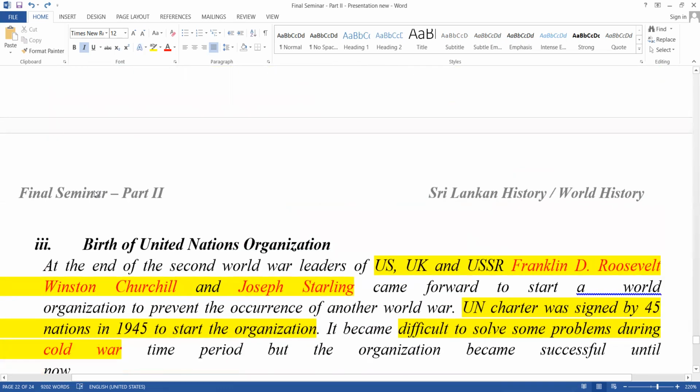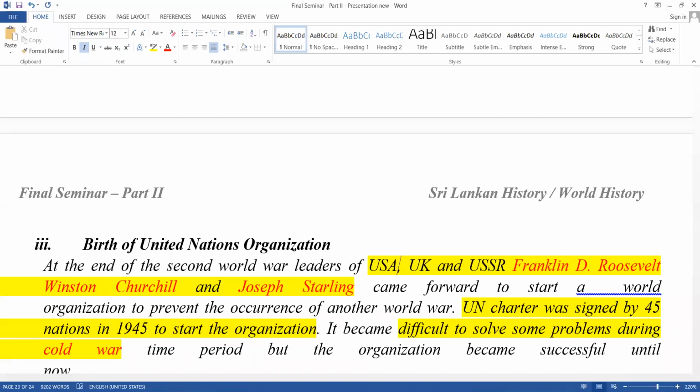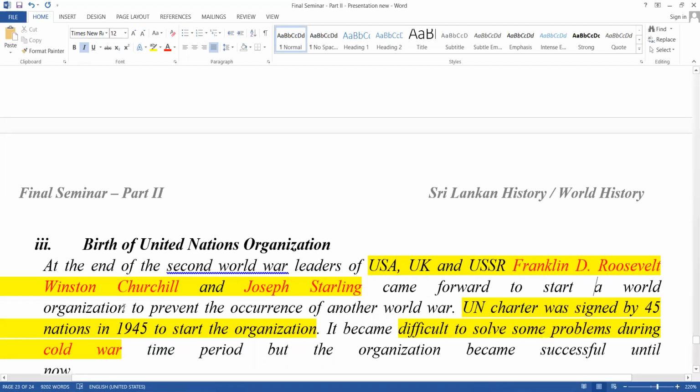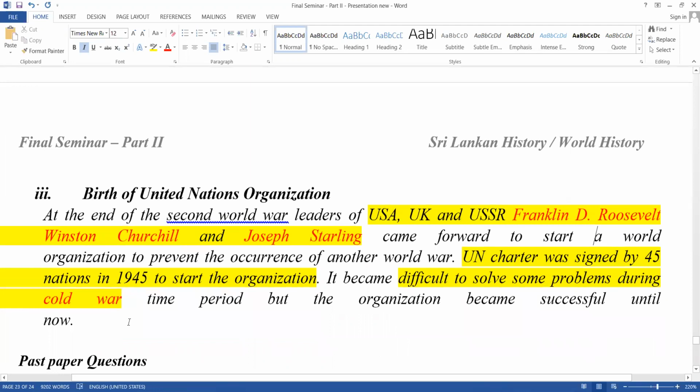At the end of the Second World War, the leaders of the USA, UK and USSR, Franklin D. Roosevelt, the president of the USA, Winston Churchill and Joseph Stalin, got together and created the organization called the United Nations Organization. The UN Charter was signed by 45 nations in 1945, but they faced difficulties in solving some problems during the Cold War.